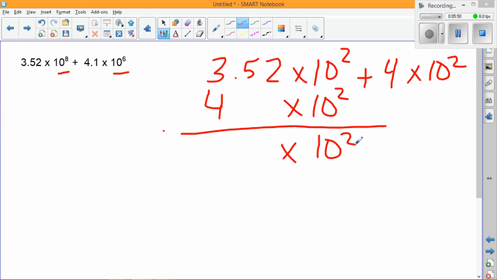There's still 10 squared. You're moving the decimal place two places in both of them. And then you just add numbers like normal. And you get 7.52 times 10 squared. So it's easy when the exponents are the same.